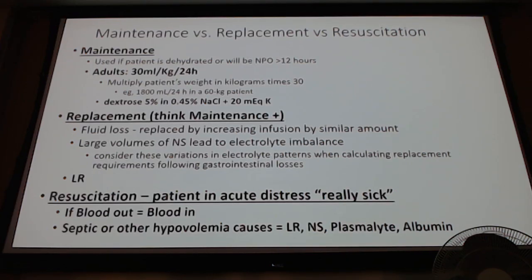So if they have an NG tube out, they have 600 milliliters losses from that NG tube. Okay, we divide that per the 24 hours and we add that to the maintenance. Does that make sense? Okay.